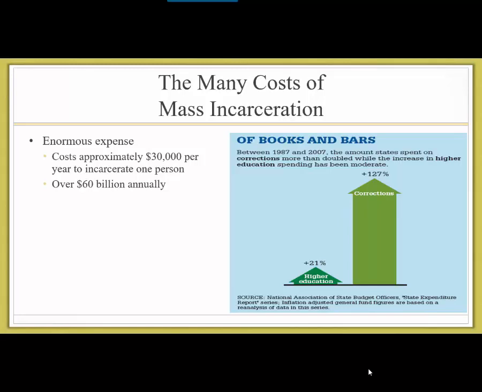And so that is the conflict perspective, particularly on the criminal justice system.